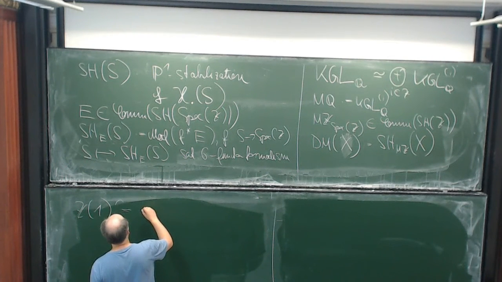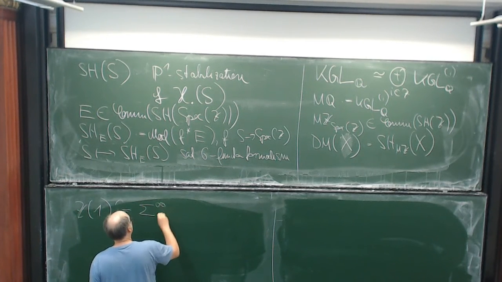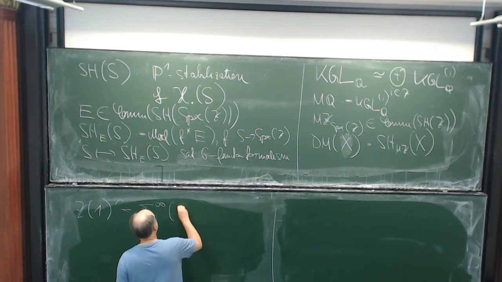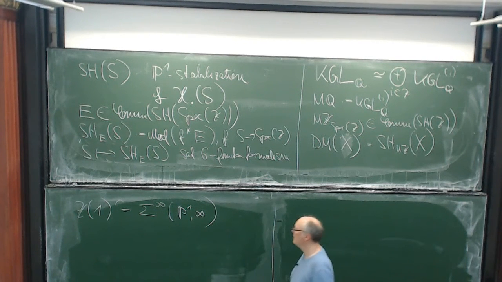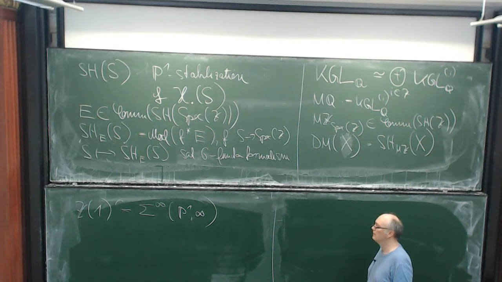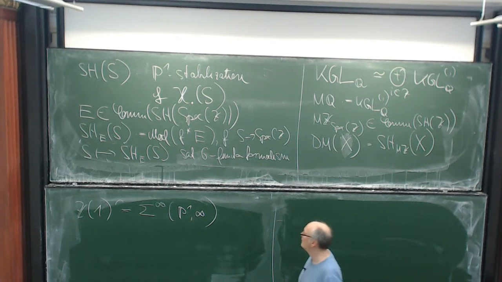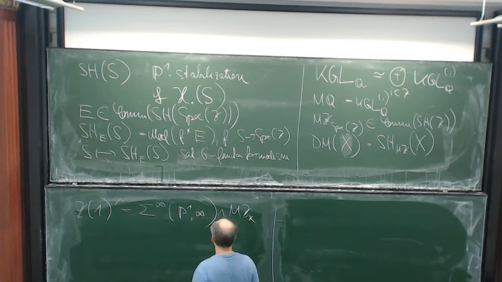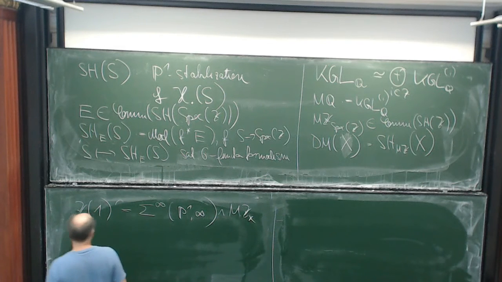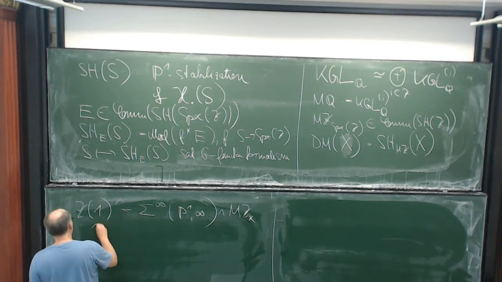So we take the suspension spectrum of the pointed space P1, which is in SH over the base, and we smash it with MC over this X. And this will then be a module spectrum, and this will be tensor invertible.